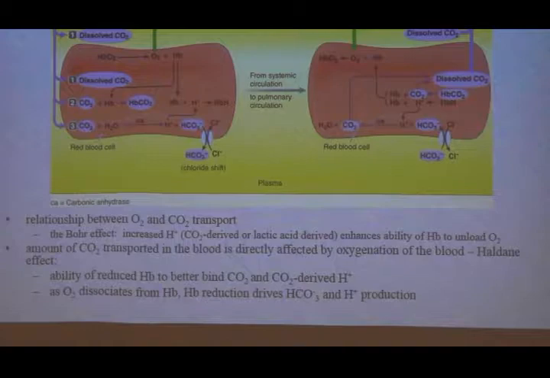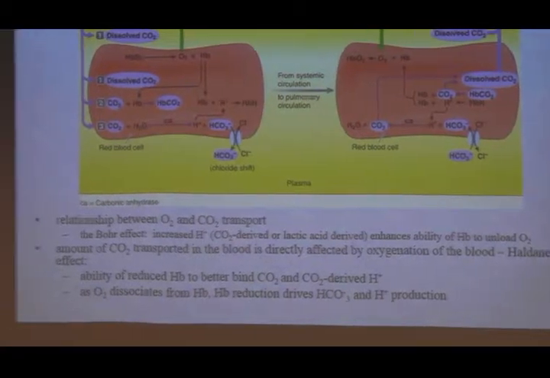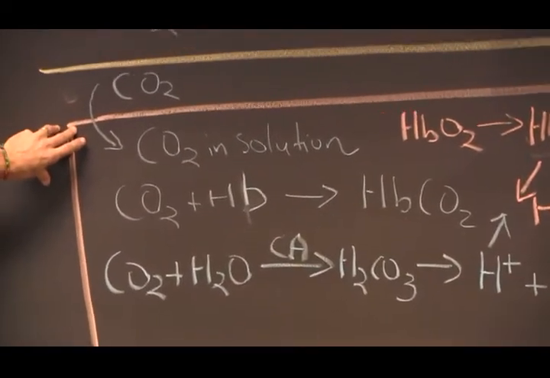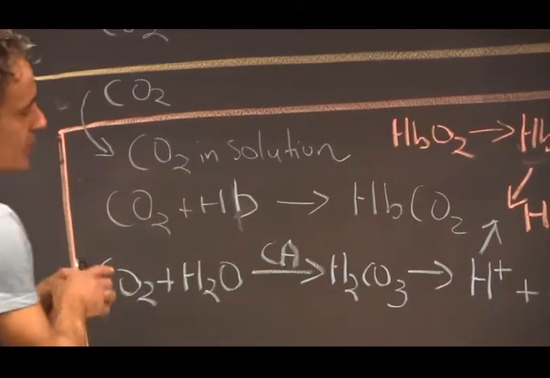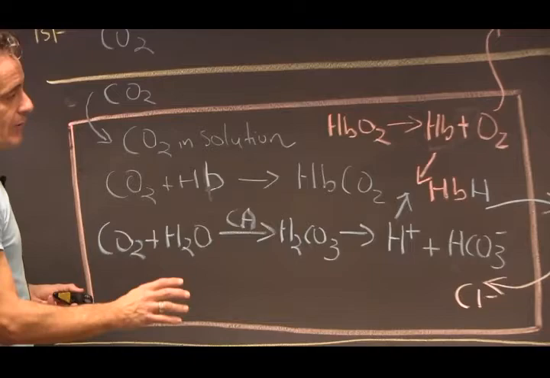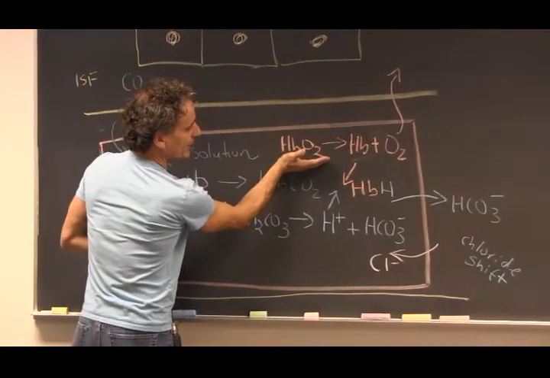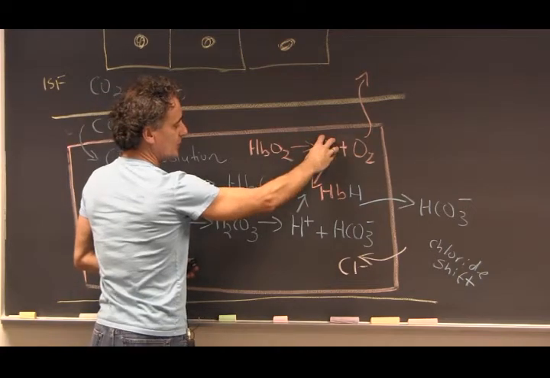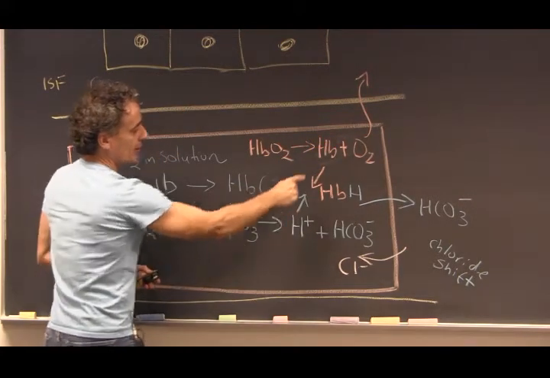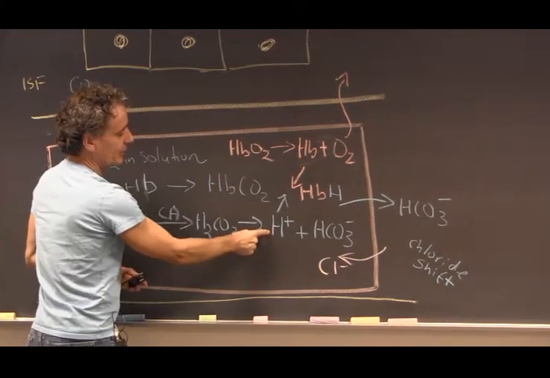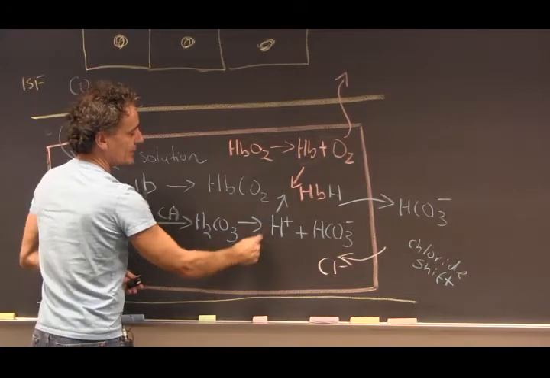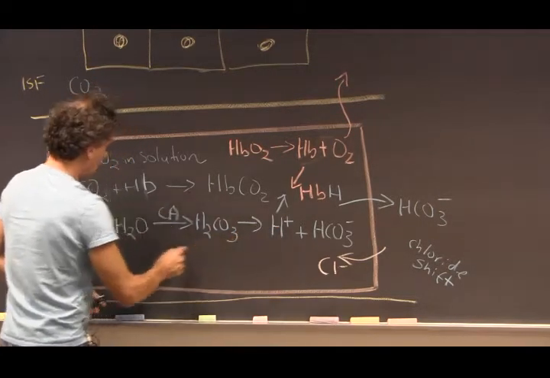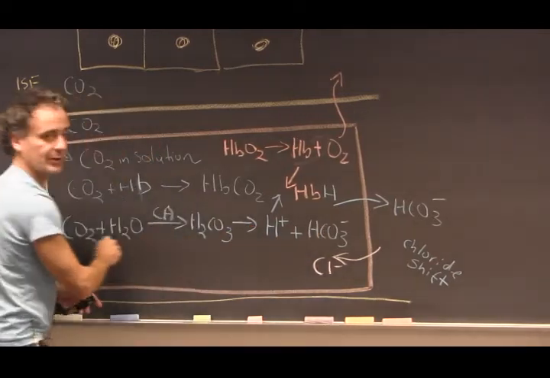And you can clearly see that by looking at these reactions, which may be easier to see on the board here. As blood passes through the tissue cells, the hemoglobin gives up O2. As hemoglobin gives up O2, it very easily becomes reduced. And the source of these hydrogen ions is the carbonic anhydrase reaction.